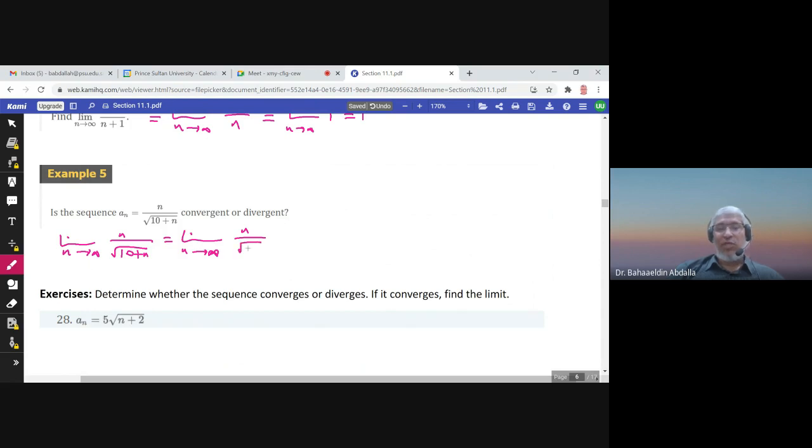So this is the highest power. But now n over n to the power half is n to the power 1 minus half, which is half. And infinity to the power half is infinity. So the limit of this sequence is infinity. It doesn't approach a number, it goes to infinity. So this sequence is divergent.